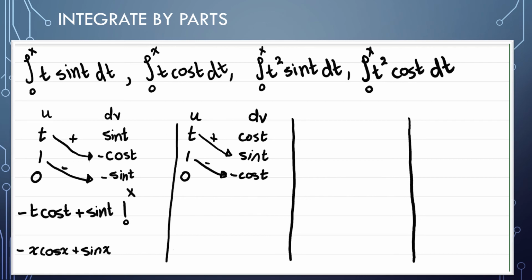So here we will have t sine t, negative and negative, it will give us plus cosine t from 0 to x. That will give us, when substituting first with x, sine x plus cosine x, minus, when we substitute with 0 this part will vanish, and we have here cosine 0, it will give us 1, okay?